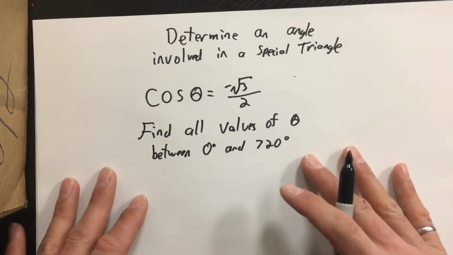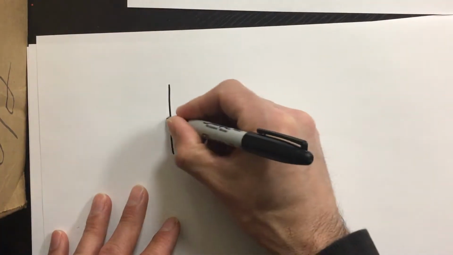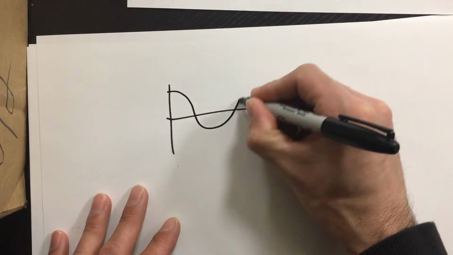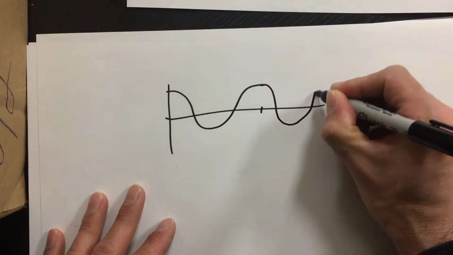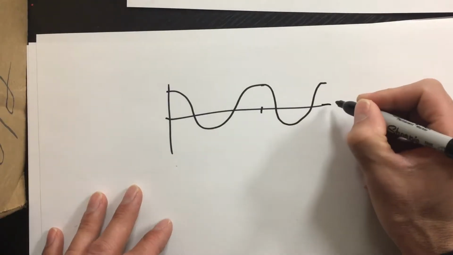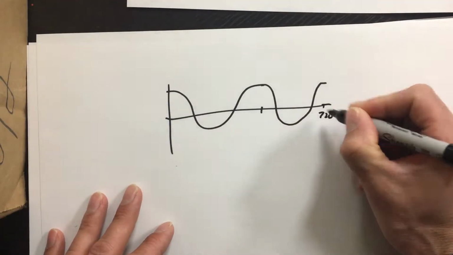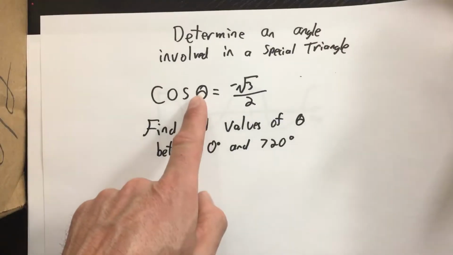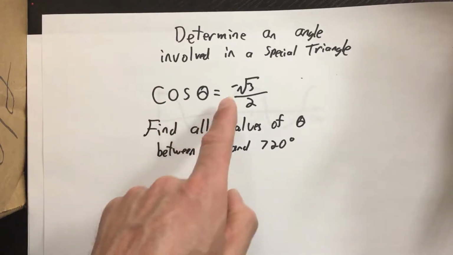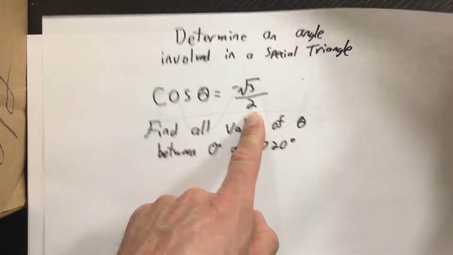Now, if you know what cosine looks like as a curve, that's 360 and that's 720. What we're looking for is all the values of theta where cosine is equal to negative root 3 over 2.